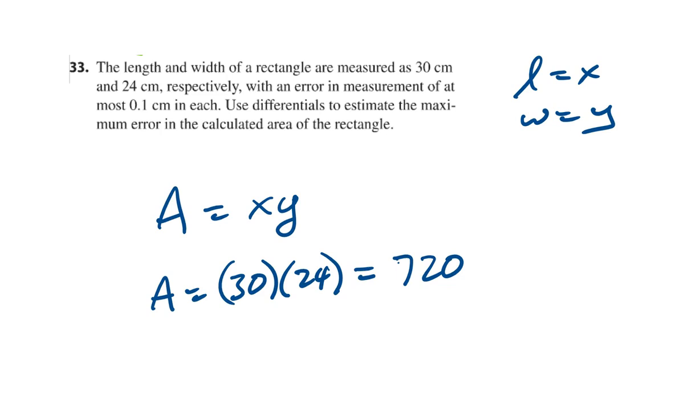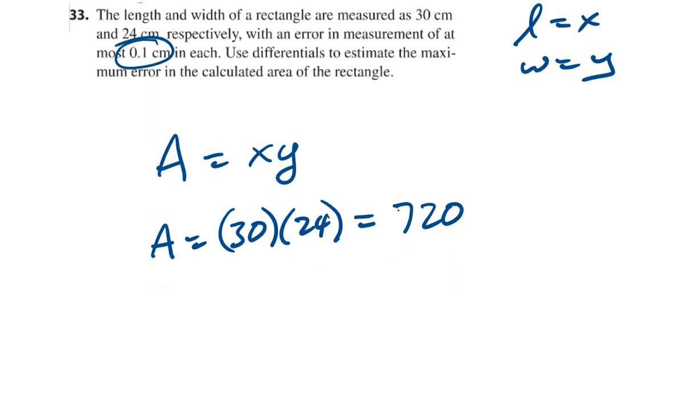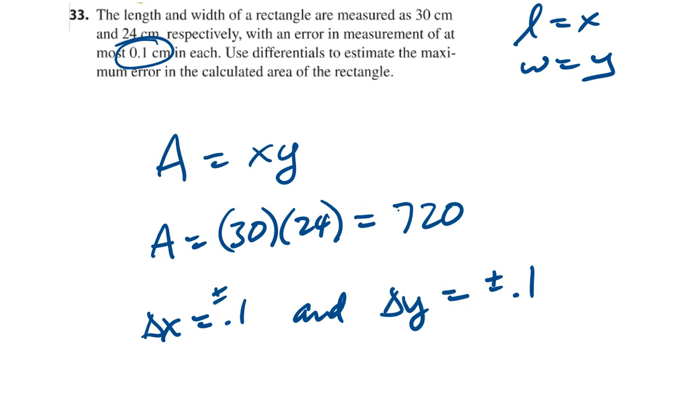It says here there's an error in measurement of at most 0.1 centimeters in each. So the change in x can be plus or minus 0.1, and the change in y can be at most 0.1 centimeters.